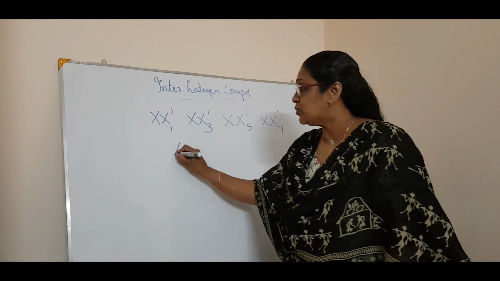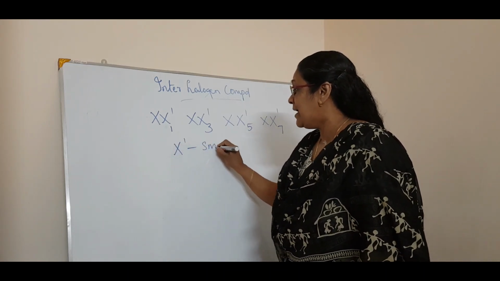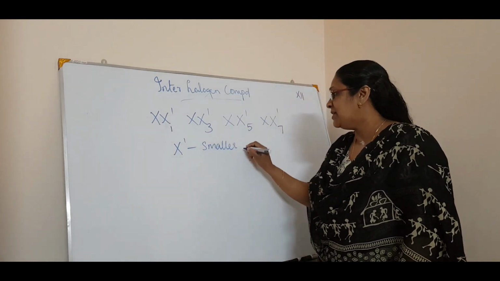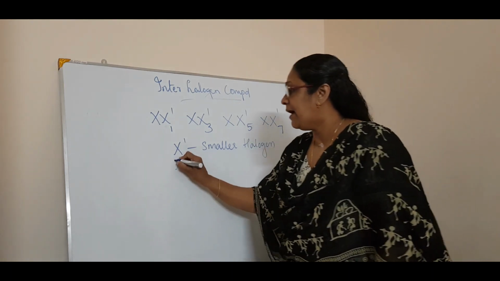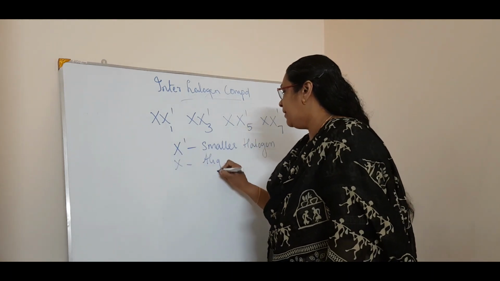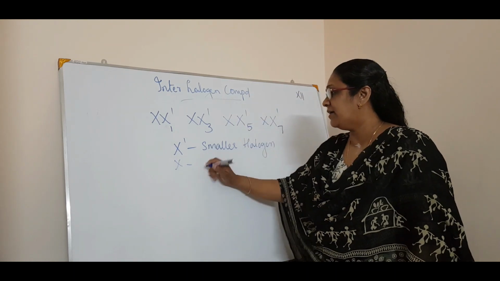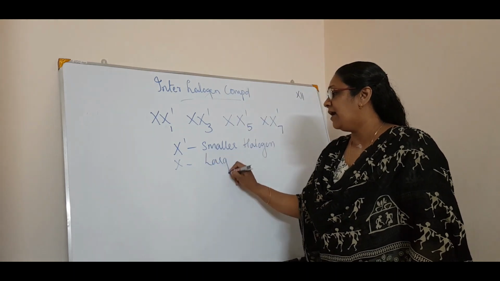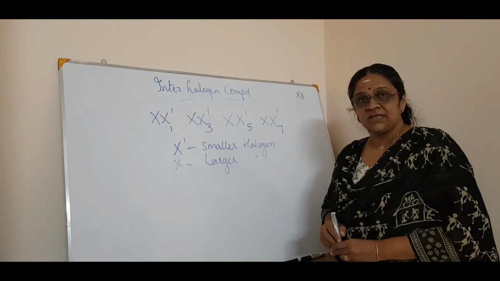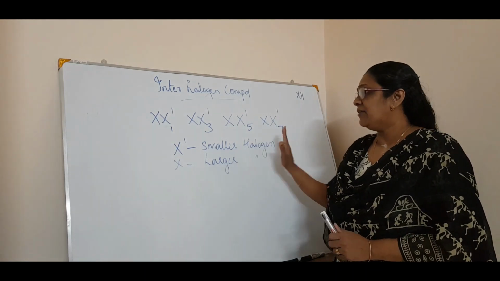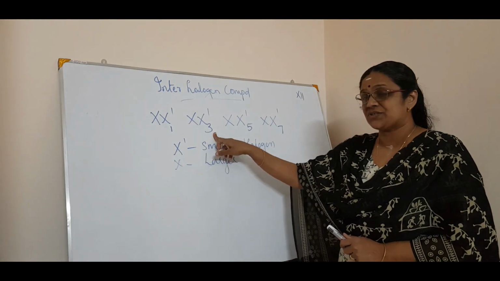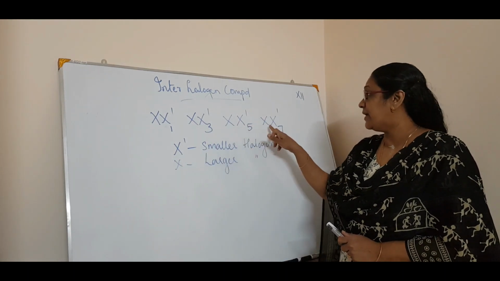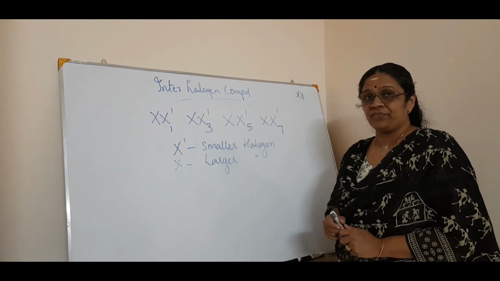And also I told you that X dash will be the smaller halogen atom, very, very important, and X will be a larger halogen atom. This is the criteria for making interhalogen compounds like X dash, X dash 3, X dash 5, and X dash 7.